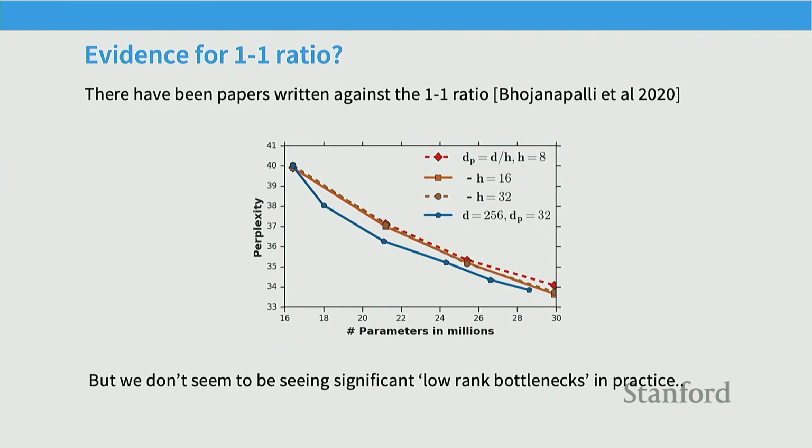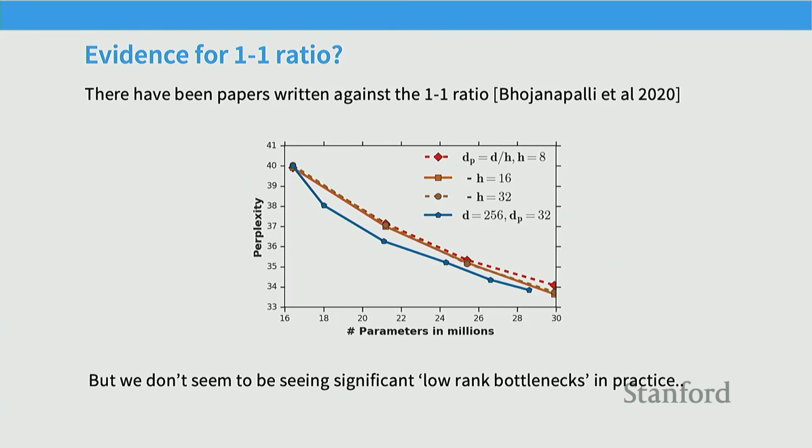There's been a couple papers that have argued against this 1-to-1 ratio. There's a notable one by, I don't know how to pronounce this, Bhojanapalli et al. 2020, who have argued that if you have more and more heads, they're going to have lower and lower rank. And if you have very few dimensions per head, that's going to start affecting the expressiveness of the attention operation.